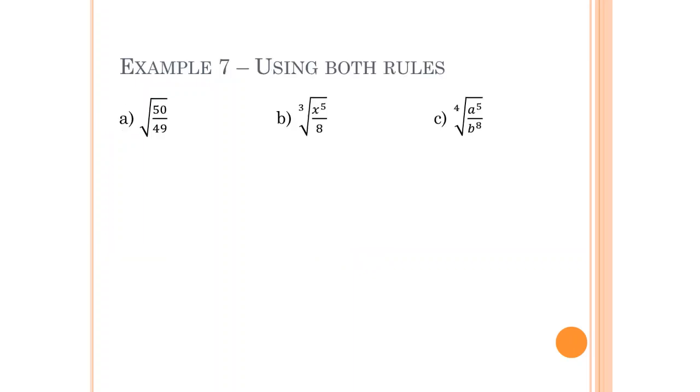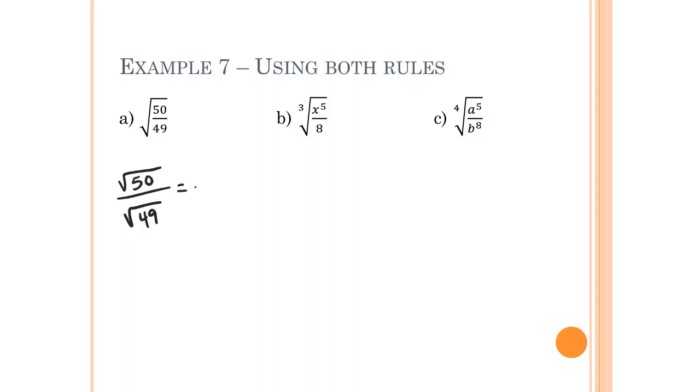All right, so this example is showing using both of the rules at the same time. So example A, we've got a fraction under a radical. Can't simplify the fraction, but I can write that as the square root of 50 over the square root of 49. The square root of 49 I can do straight away, it's 7, right?